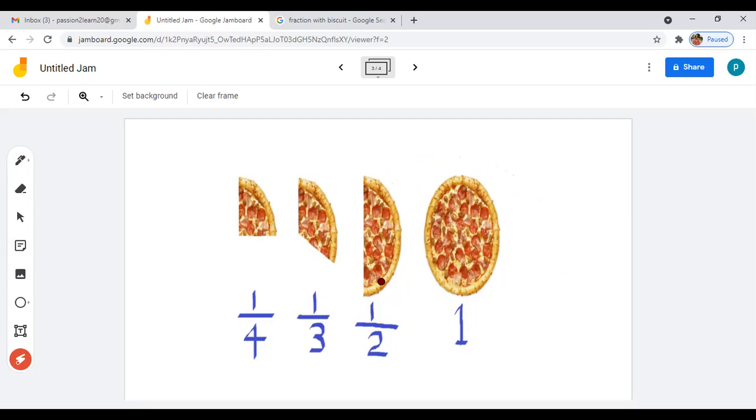When I make it into 3 parts like this, can you all see me? I get 3 parts. It's 1 by 3. And when I divide it like this and take a part of this, it becomes 1 by 4. Is it clear?